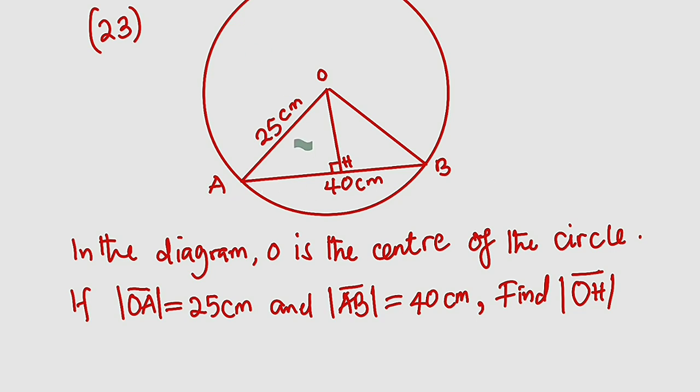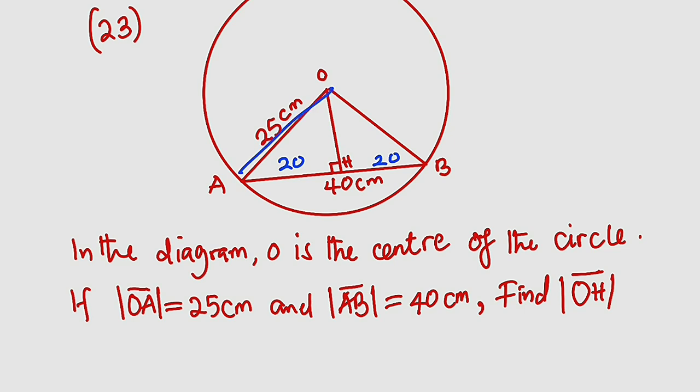So if you observe, let us pay attention to this one. It is a right angle triangle, because you can see that right here. So since this line bisected AB, it divides the line into two equal parts, making 20 each, right? Because it is 40 in length.